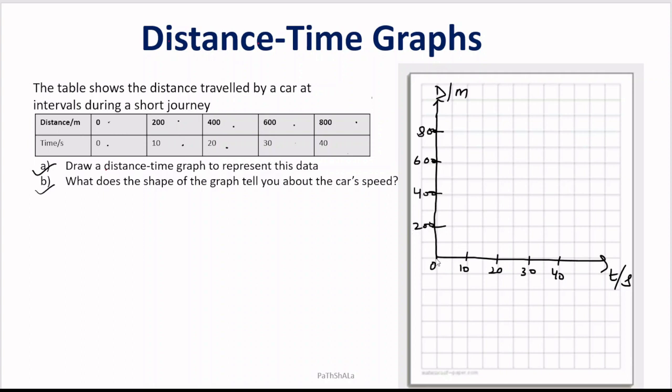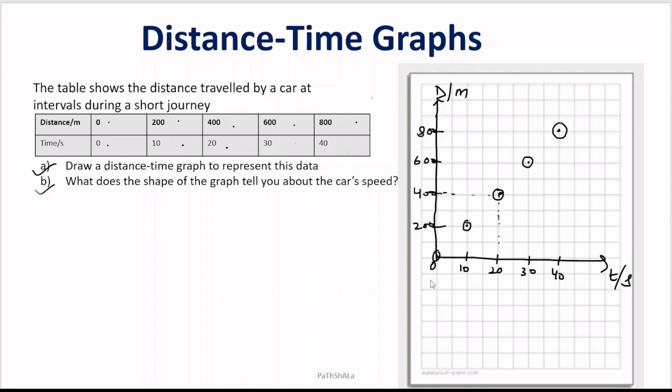At time 0, distance is also 0. When time is 10 seconds, the distance is 200. When time is 20, distance is 400. Next point: at 30, the distance is 600. And when the time is 40 seconds, the distance is 800.